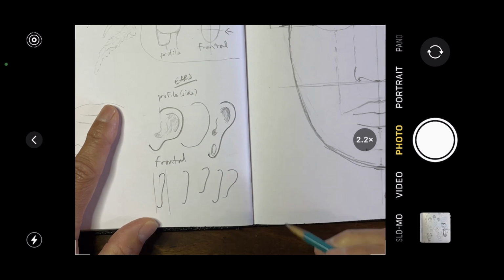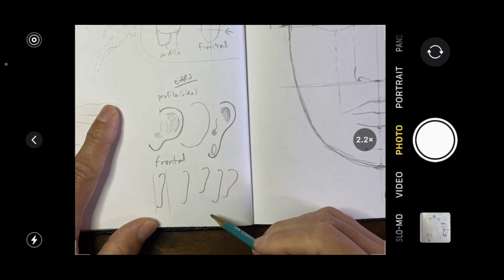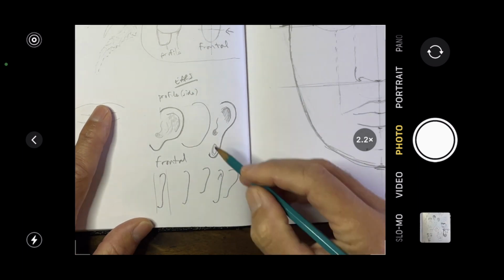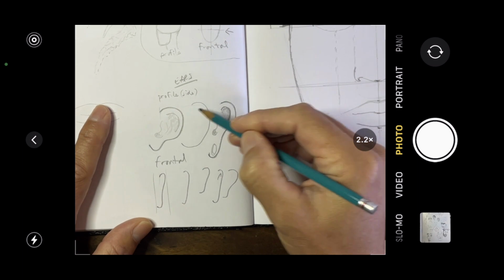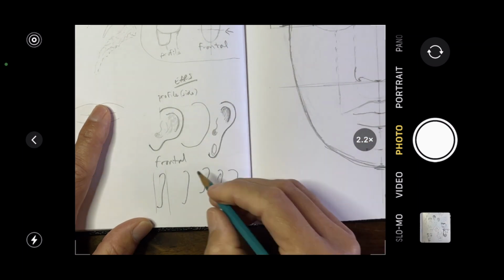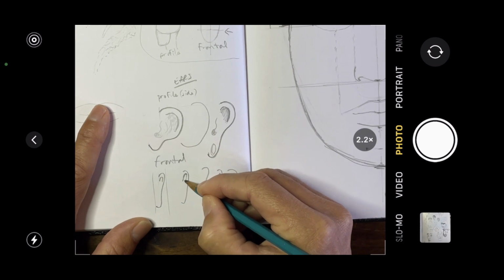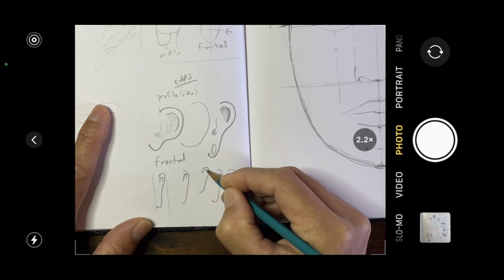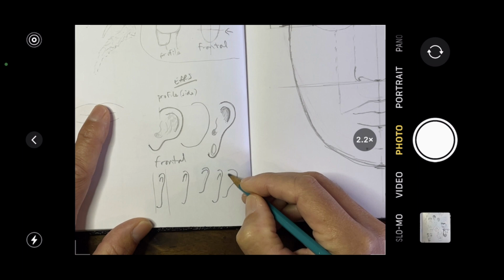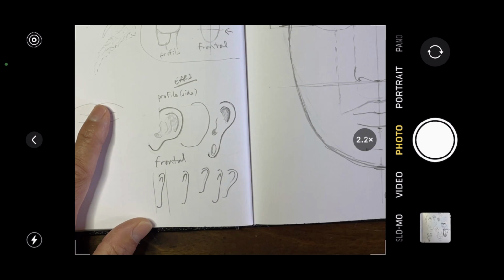Not too fast. Try to imagine the shape of the ear. Okay? And then this line to help you draw, make it look like an ear, just echoes that curve. And a hard, darker shadow, and then it softens up. Try that.